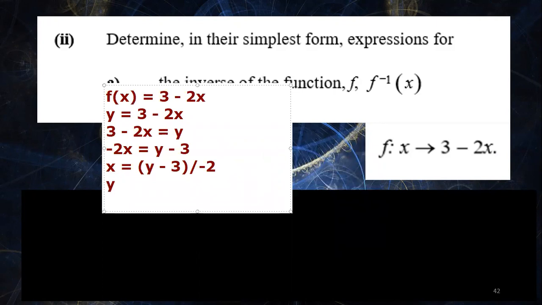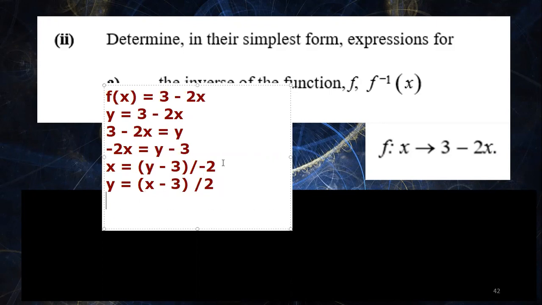So y is equal to x minus 3 all over 2. And then we replace y with f inverse. f inverse of x is equal to x minus 3 over 2. Any questions? Yes, so this is going to be the f inverse of x.